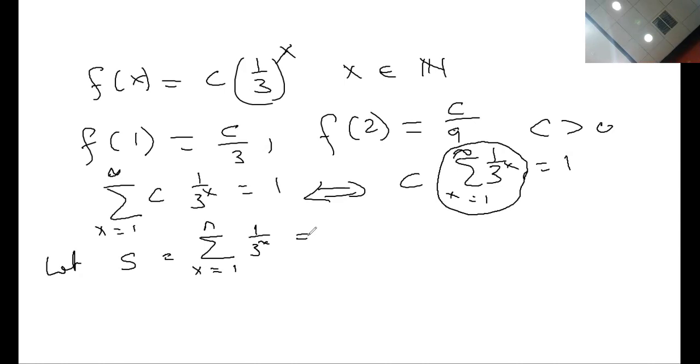You remember what this is? We can start either from 0 or from 1, but we are starting now from 1. This will be 1 over 3 plus 1 over 3 squared plus ... plus 1 over 3^n.